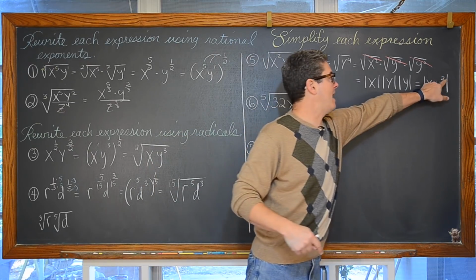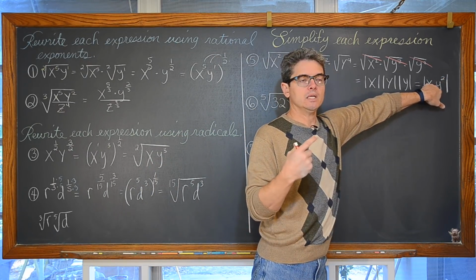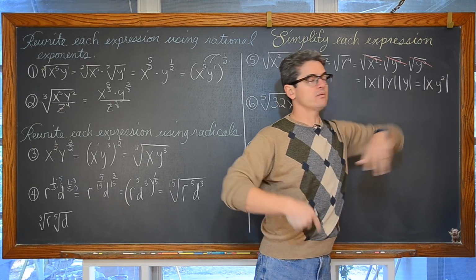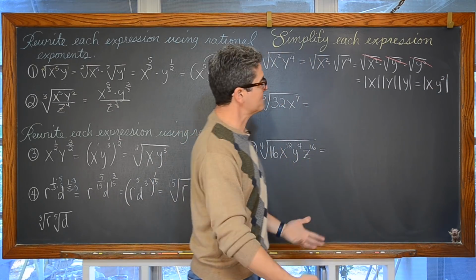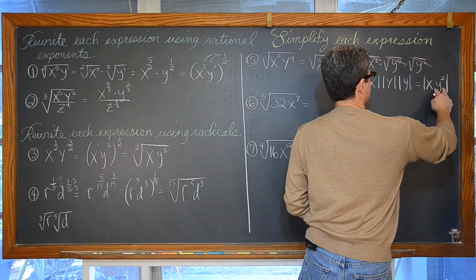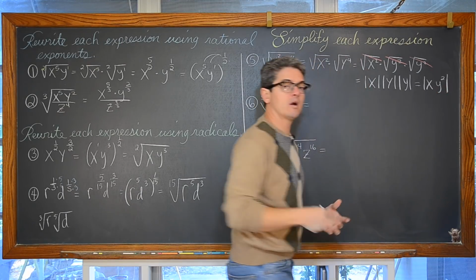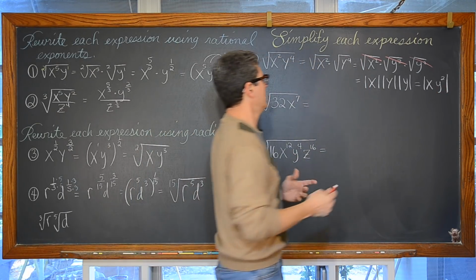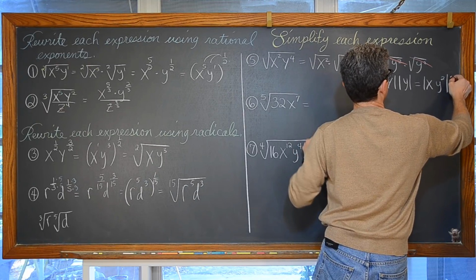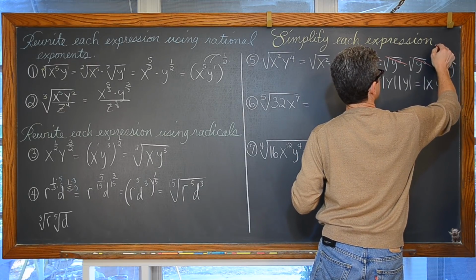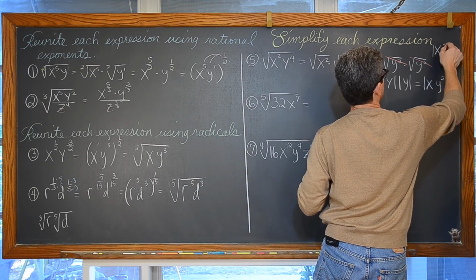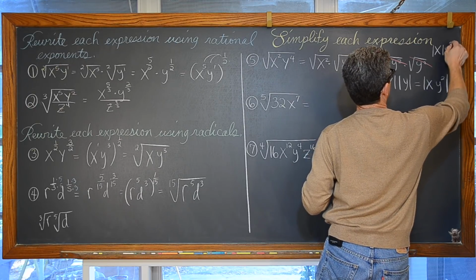So this even power is going to guarantee that whatever you get from y squared is going to be positive. So actually, we don't need the absolute value symbols around the y squared because of that even power. And our final answer, just because I'm afraid I'm going to run out of room, comes out to be the absolute value of x, times y squared.